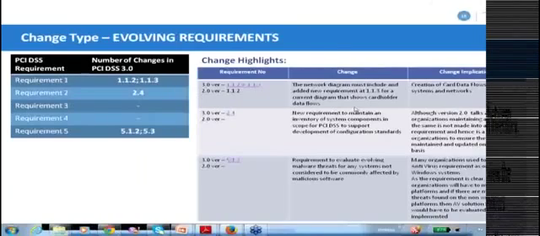I have brought in another column, and if you look at this particular table to the right side, that is the change impact. This is where I would like to discuss what this new requirement means for an organization.